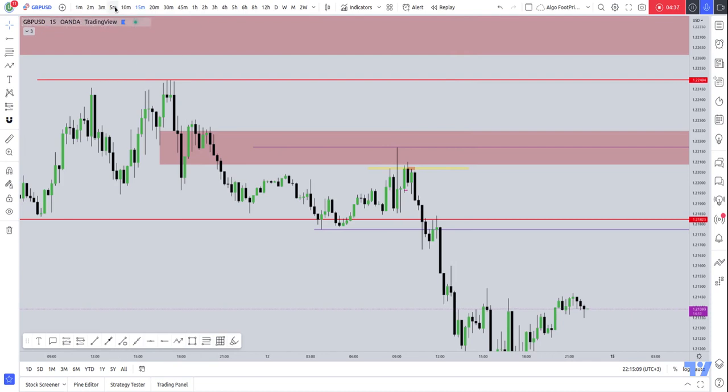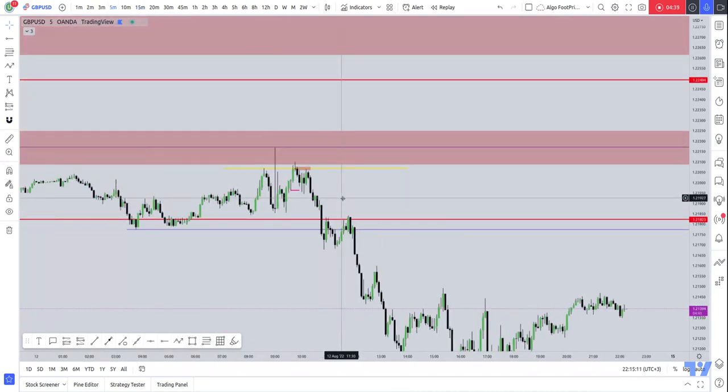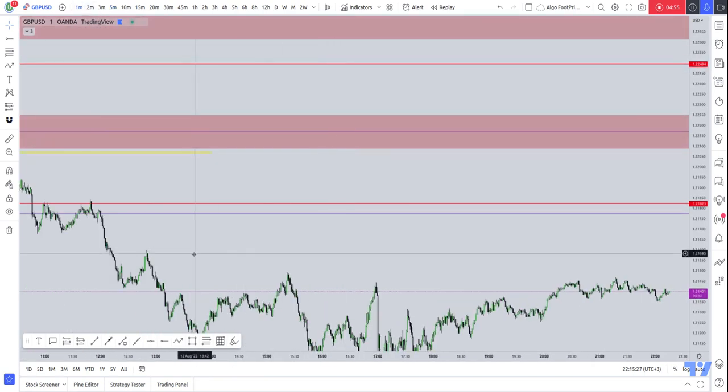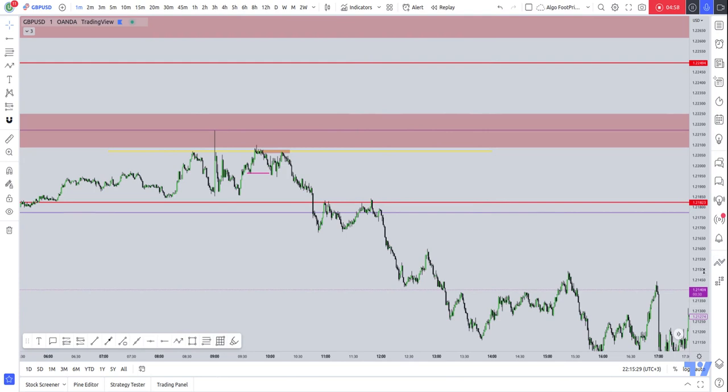So when I switch to M5, price came right here. I watched it. I wanted to see if I could see more confirmations to go lower. And I switched to M1.